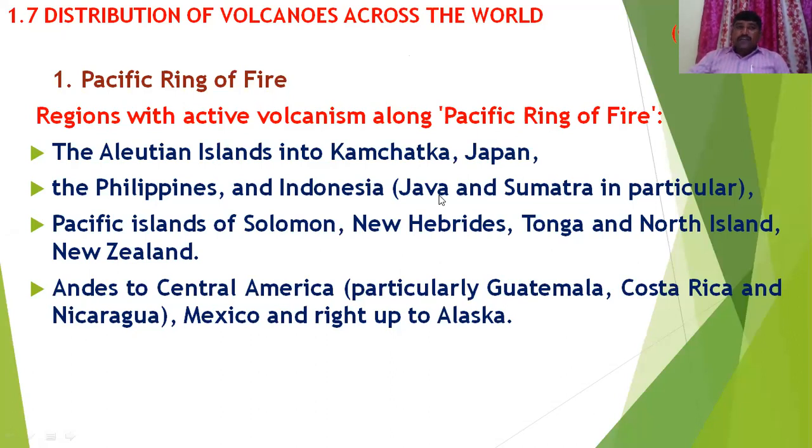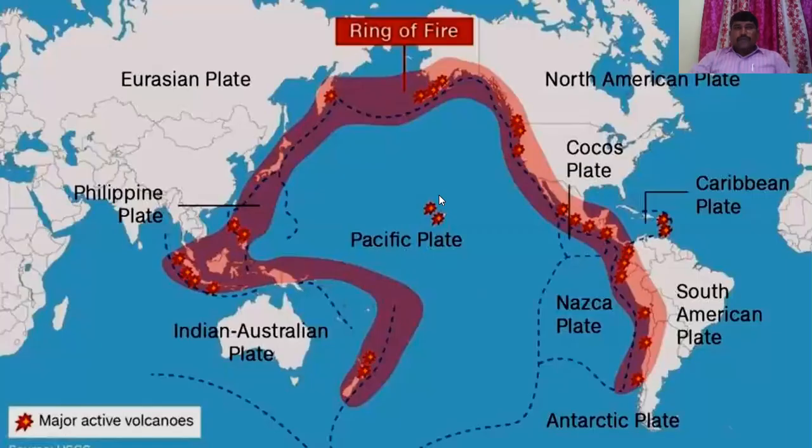The regions with active volcanism along the Pacific Ring of Fire are the Aleutian Islands into Kamchatka, Japan, the Philippines and Indonesia, that is in Java, Sumatra, and particular regions, Pacific Islands of Solomon, New Hebrides, Tonga, North Island, and New Zealand, Andes to Central America, particularly Guatemala, Costa Rica, Nicaragua, Mexico, and right up to Alaska in the north.